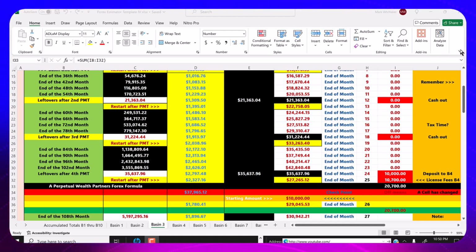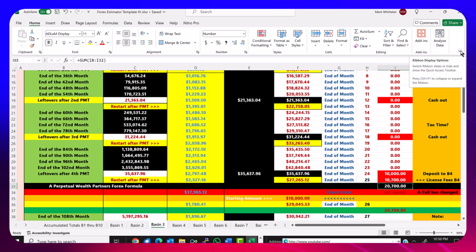Okay, so here we are. I'm going to release this to my members, and a lifetime membership would be interesting if you had 10 licenses. Of course, 10 licenses times 10,700 is $107,000.